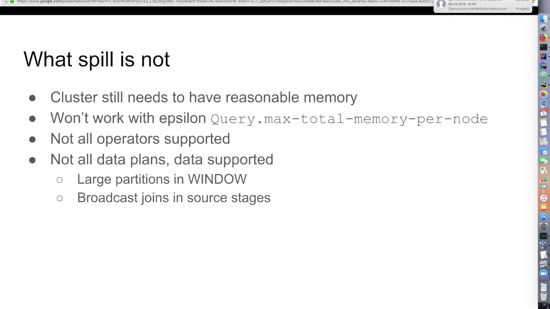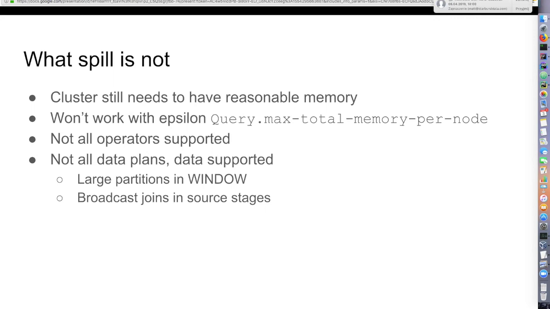Because not every operator is spillable, and even for the operators that spill, they still require some non-revocable memory to progress. That means the max total memory per node should still be reasonable.